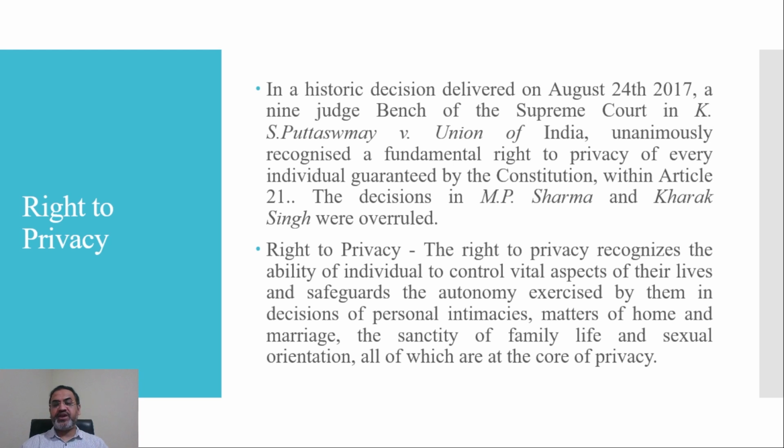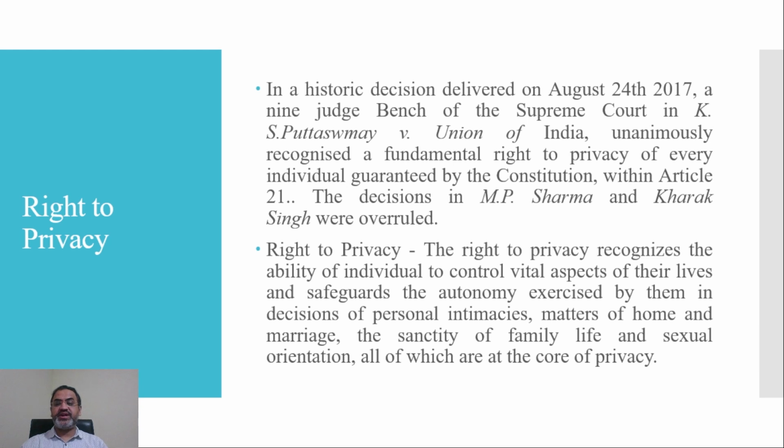And this judgment came before the Supreme Court had delivered its judgment in Navtej Singh Johar versus Union of India, which read down Section 377 of the Indian Penal Code to the extent it made acts against the order of nature, and homosexuality and the sexual expression of the LGBTQ community, an offense.